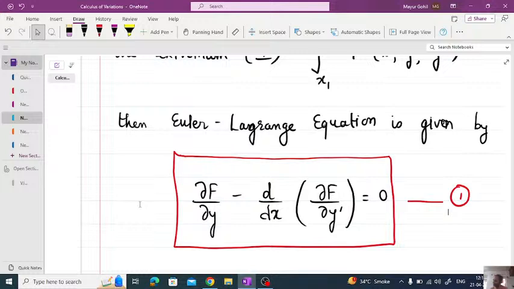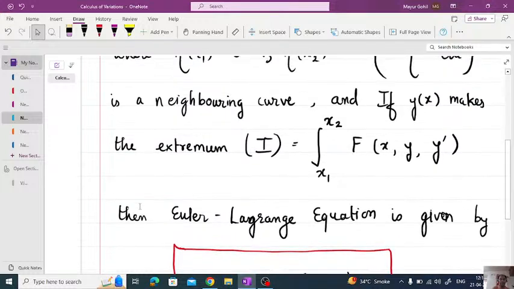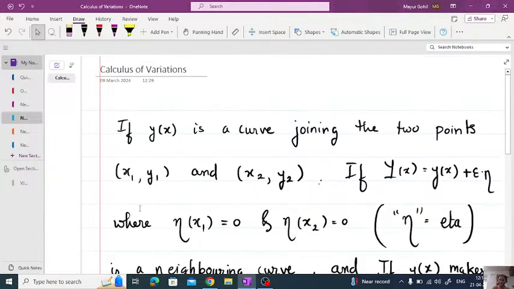Yeah. So I'll explain that again. So see, this is all basic theory.